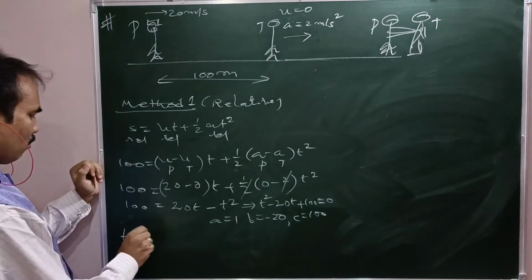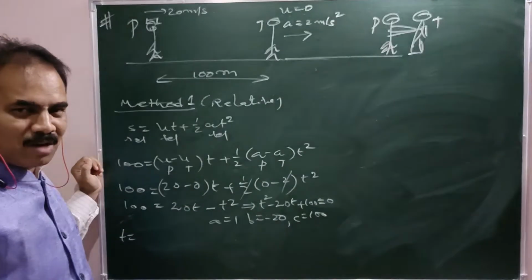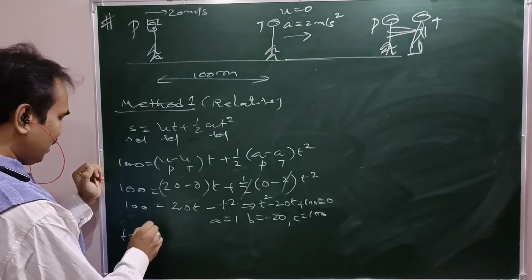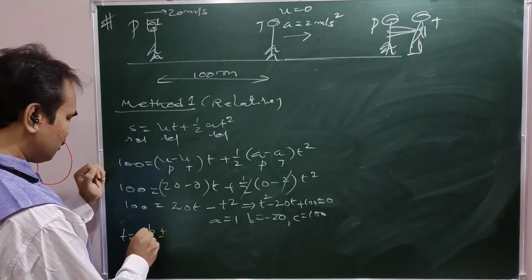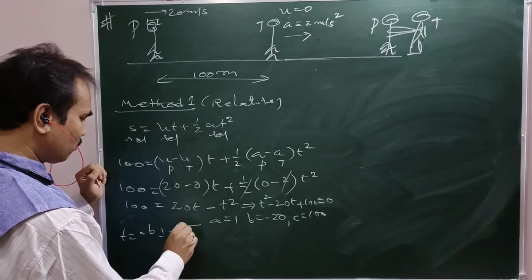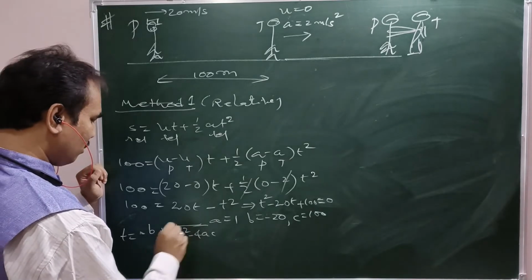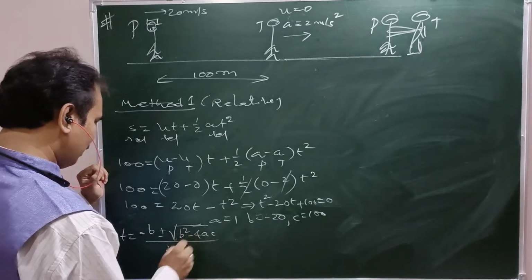t equal to minus b plus or minus root over b square minus 4ac, whole divided by 2a.